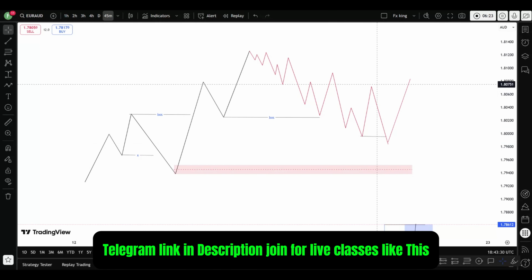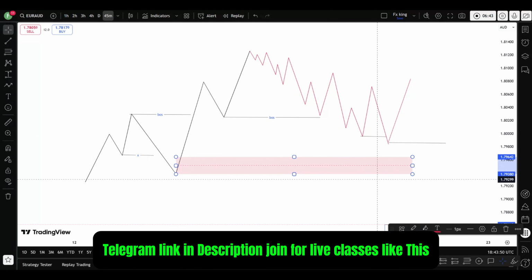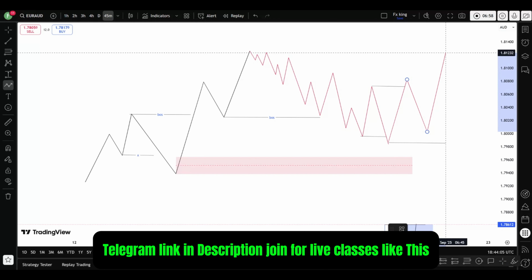Then there is also one more thing. When you're looking at these lows below, the lows that are closer to your POI, they act as liquidity. Maybe somebody here will mark the POI like this. And once the market has not truly mitigated this POI, but has given them some sort of false change of character, they will be thinking that once the market comes back down, they can buy and go up.